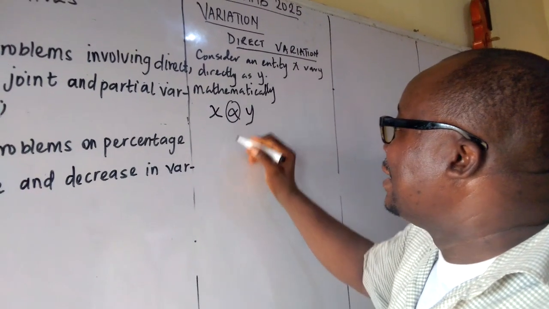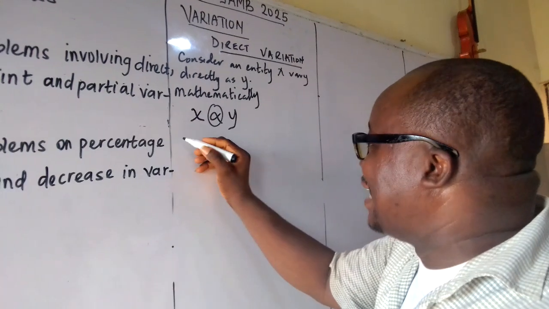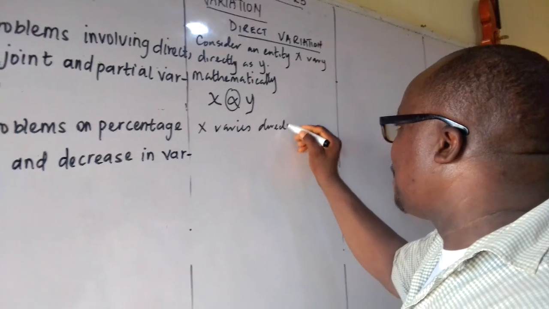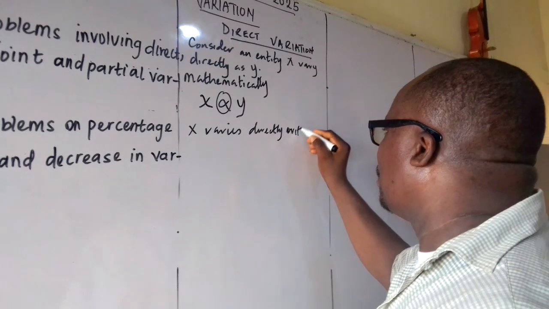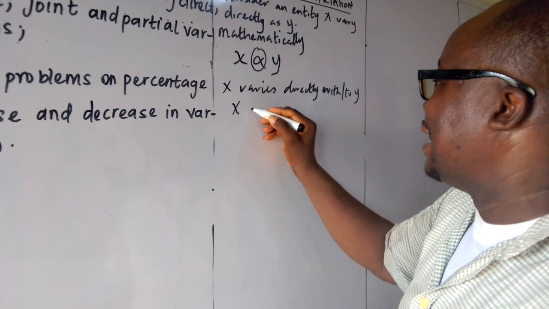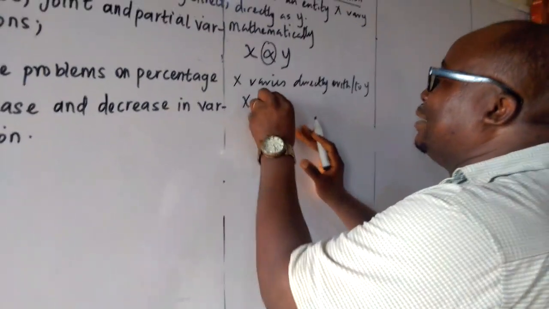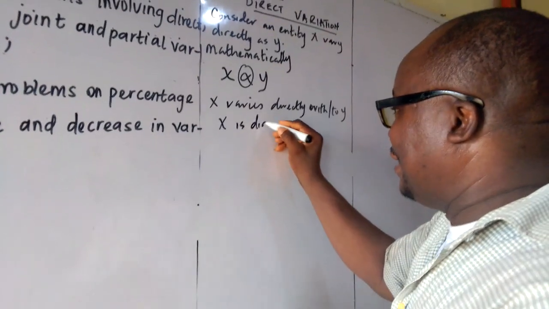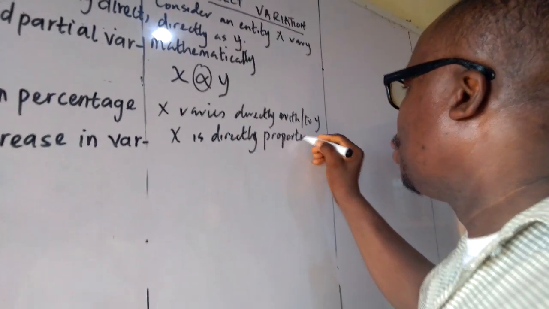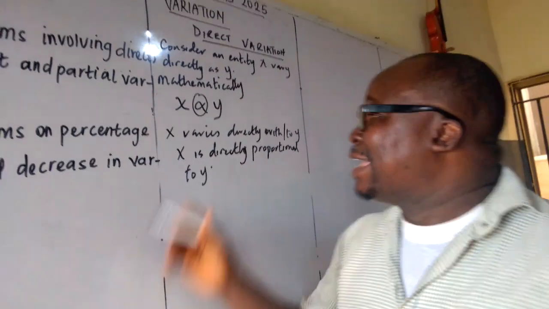This sign here is called the proportionality sign. This expression is read as x varies directly with y, or x is directly proportional to y. Now we cannot solve the expression like this.